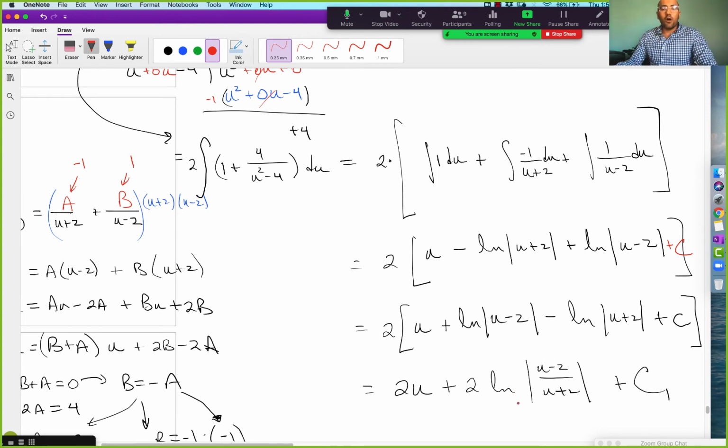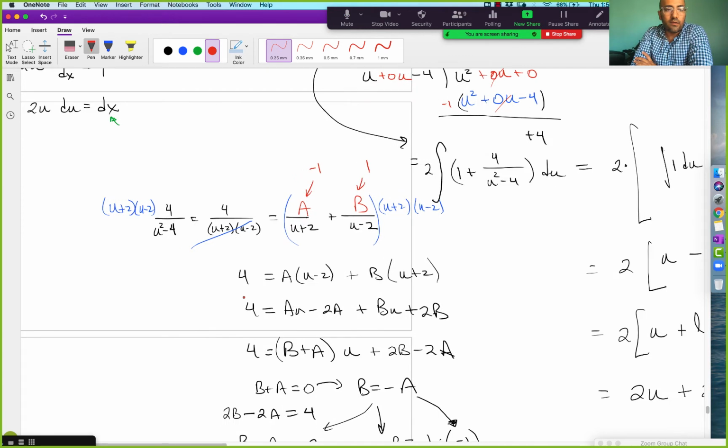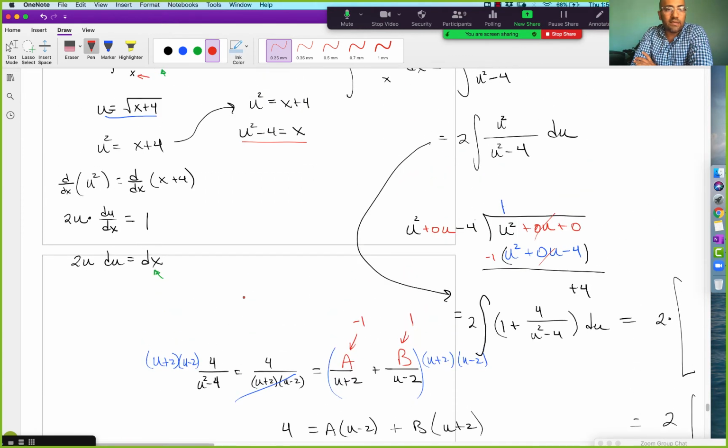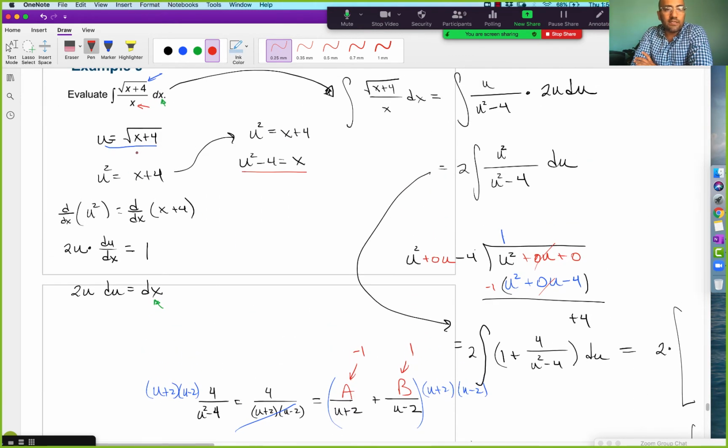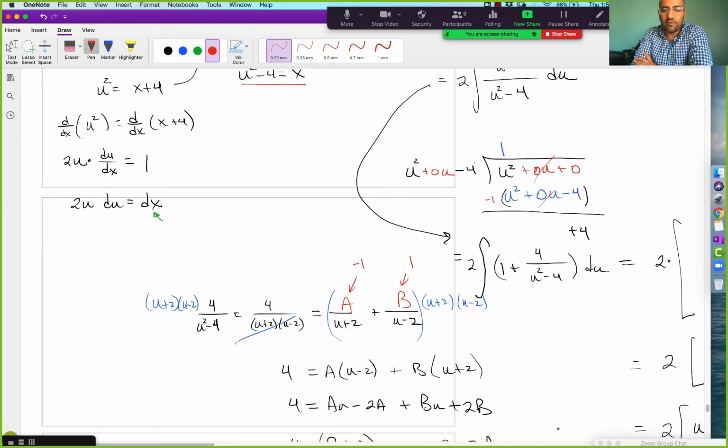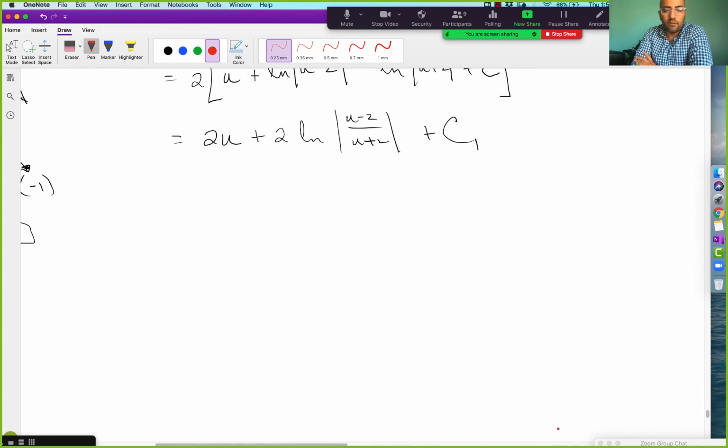Good? Almost there, except that the original question was not written in u. The original question was about x, so we still have to come back and think about what x is. So u is equal to the square root of x plus 4. Let's rewrite our original integral now.